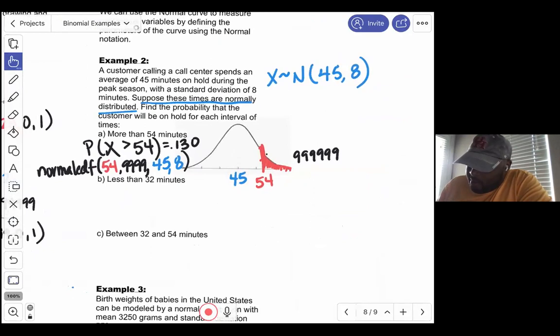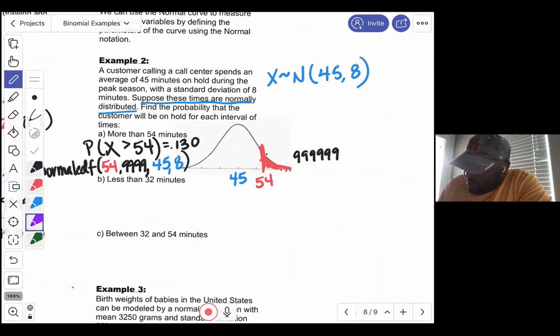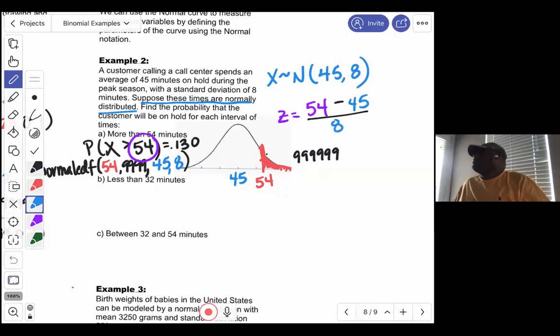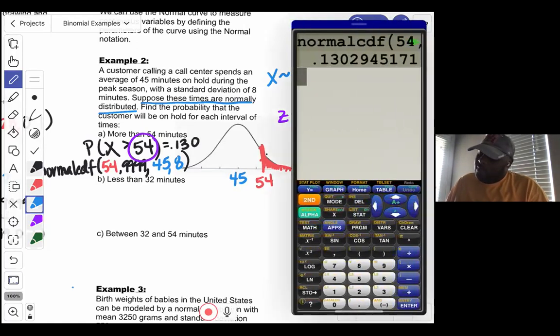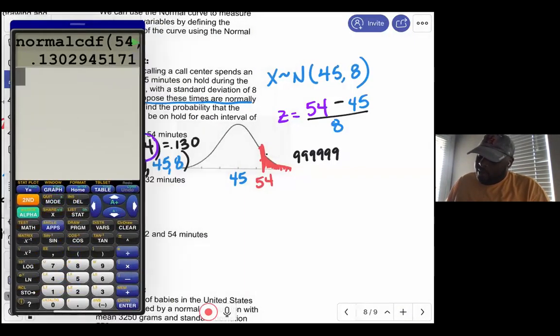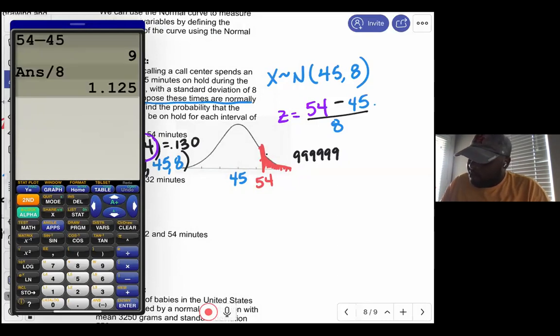I could find a z-score that says z is equal to, well, my x here is 54, minus my mean, 45, divided by my standard deviation, which is 8. So if I do 54 minus 45, and divide that by 8, I get a z-score of 1.125.